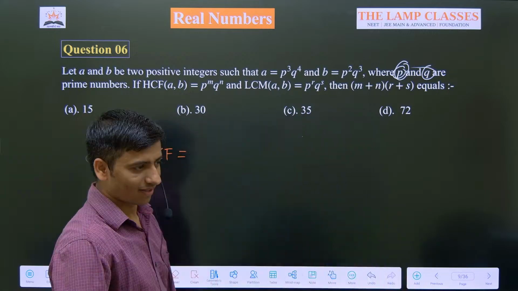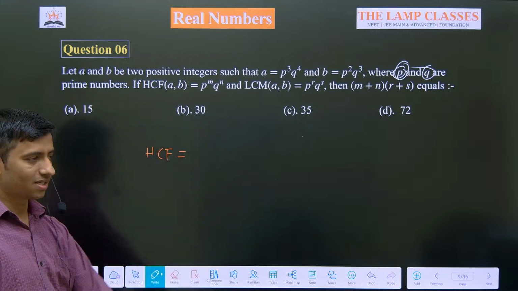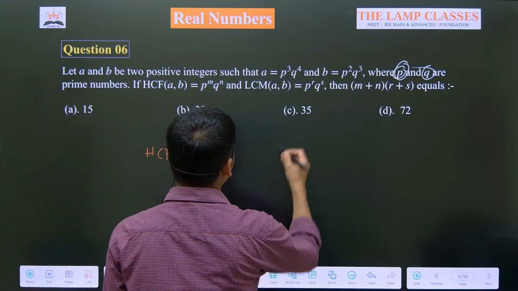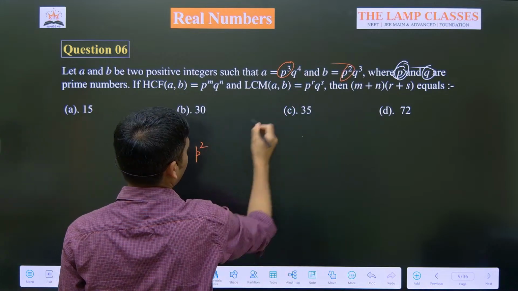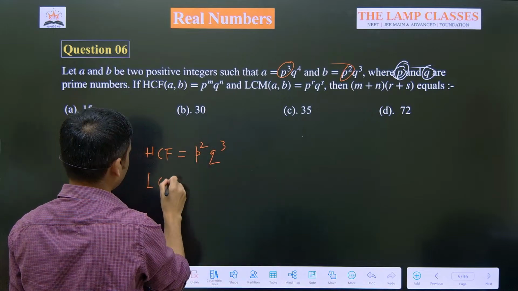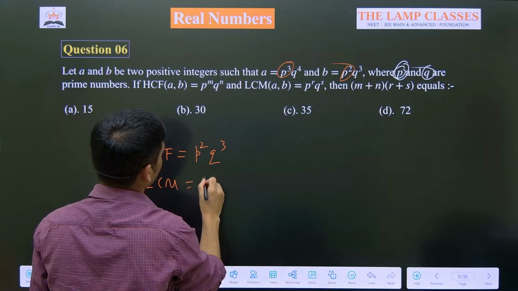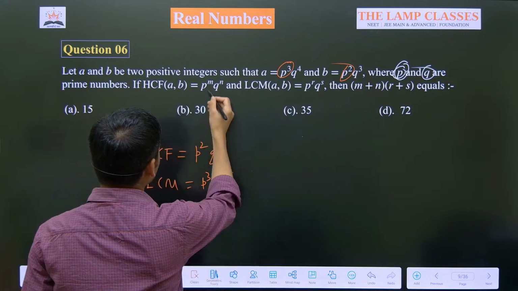If numbers are given, then you have to do prime factorization. But in these cases, even prime factorization is not needed. So the HCF has to be the lowest power, P square and then Q cube, right? And the LCM has to be the highest power, so P cube into Q raised to 4, right? So they have given this in this form.